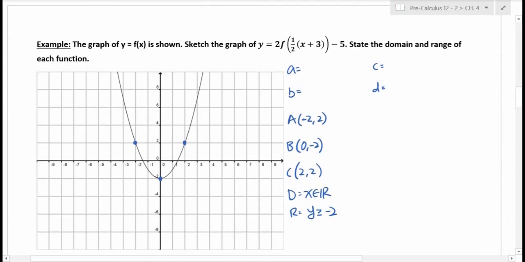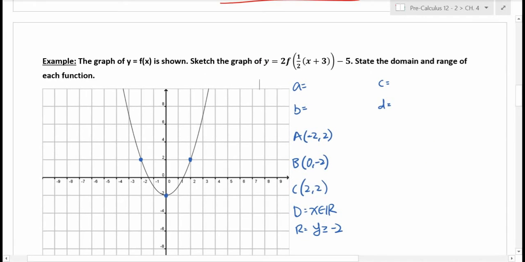Here's another example. So now nothing is told, I guess, but rather we are given an equation, and we really just need to state what these values are, A, B, C, D's, and then apply or describe the effects. So in this case, A is 2, therefore vertical expansion. B is 1/2, so it's also vertical expansion by factor of 2.